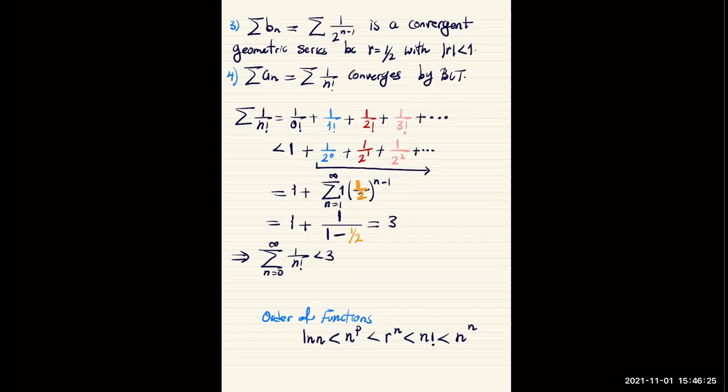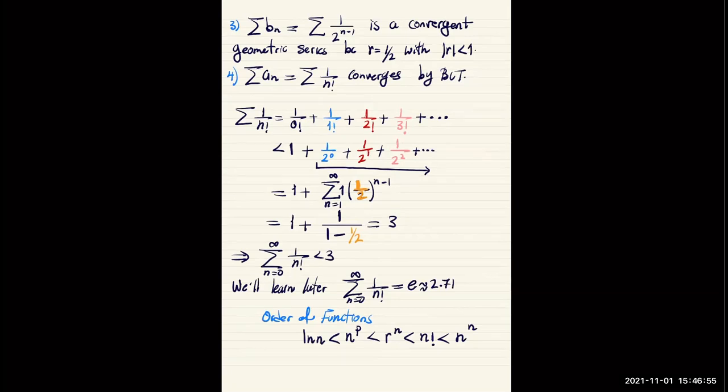E is about 2.71, and 2.71 is less than 3. This inequality makes sense. But again, we're going to learn that this series converges to E, a natural number, 2.71.